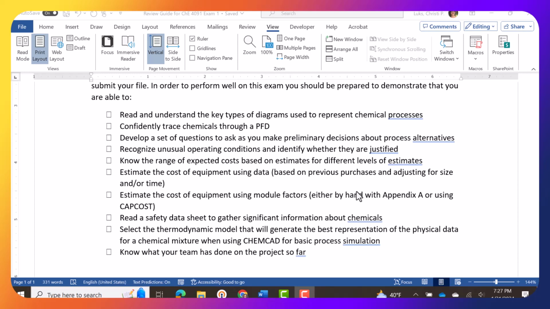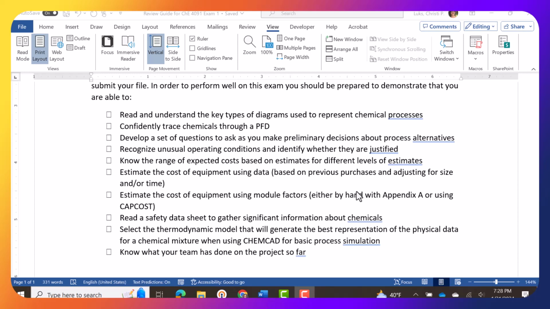Your homework for ChemCAD this week is about thermodynamic models, and so selecting those best thermodynamic models is going to give us our best mathematical representation of physical data. And so that's very important.